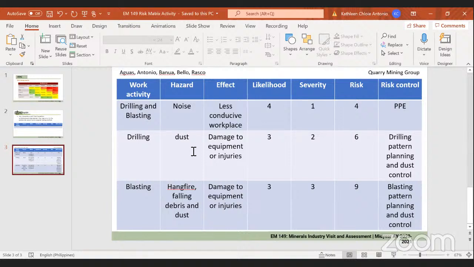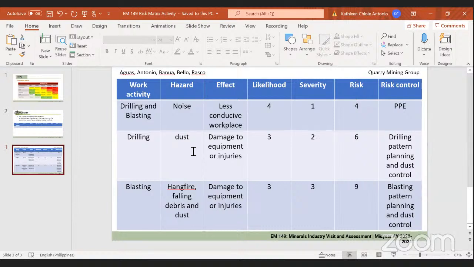Yung likelihood niya is 4 because very likely naman po na noisy yung environment sa mining, pero yung severity niya is less compared to the other na nilista namin. So yung risk niya overall is 4, and yung risk control niya is the wearing of proper PPE para malessen yung effect ng noise sa mga workers.